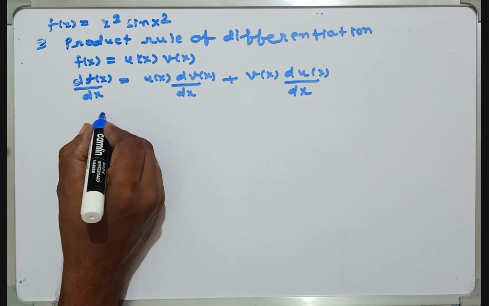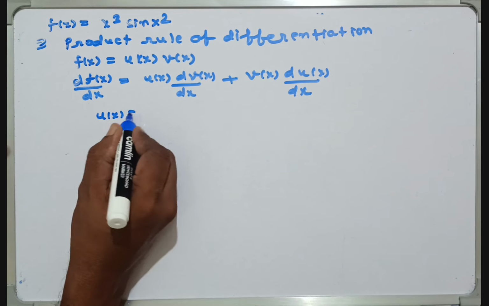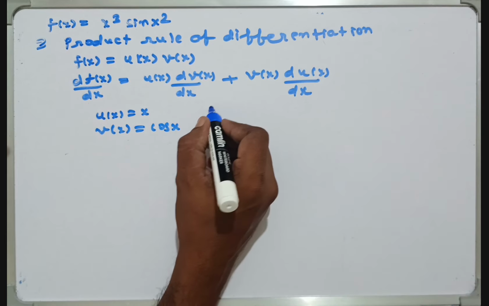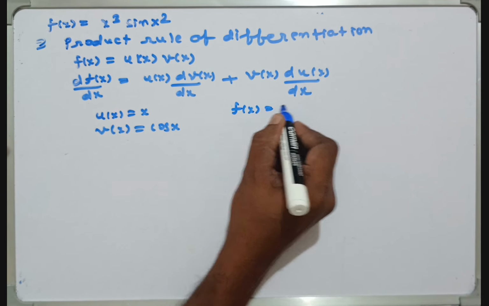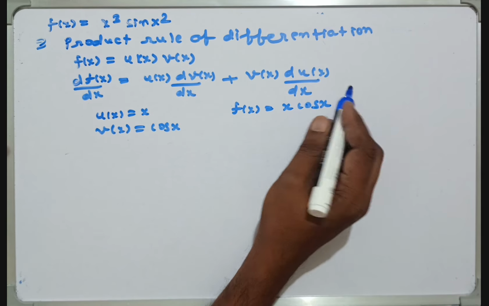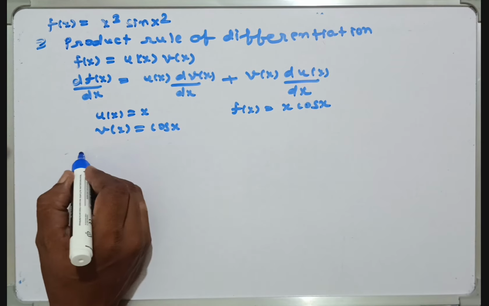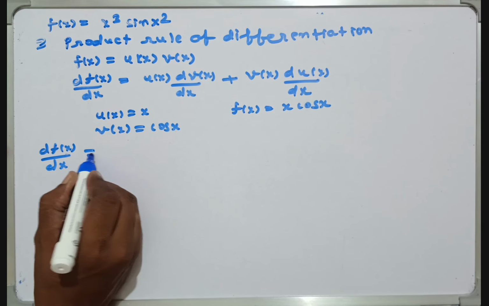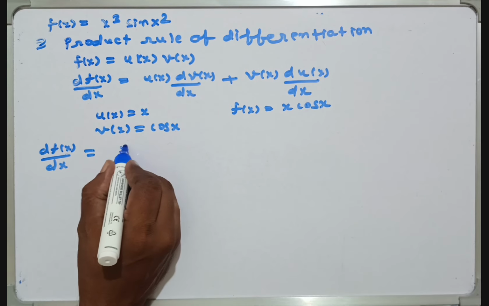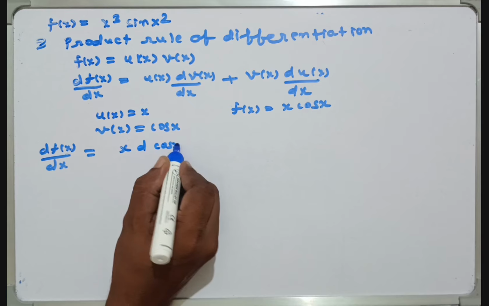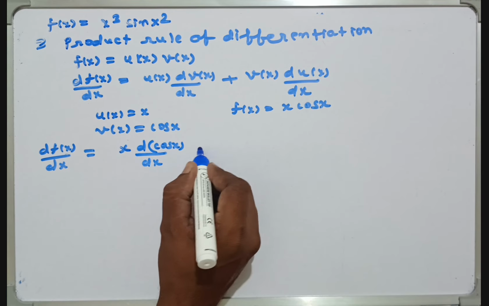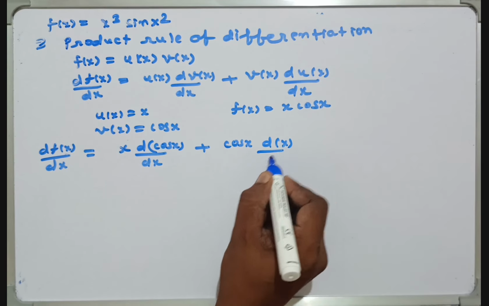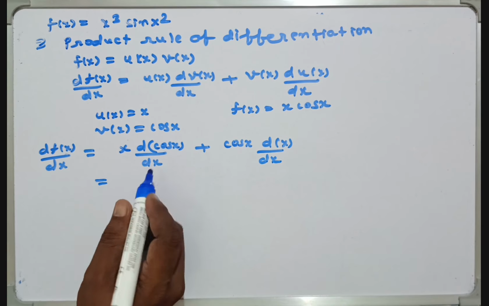Okay, suppose you have a function u(x) equal to x and v(x) equal to, say, cos x, then you can write f(x) equal to x cos x. So differentiation of this one we can write as df(x)/dx equal to x times the differentiation of cos x, plus cos x times dx/dx.